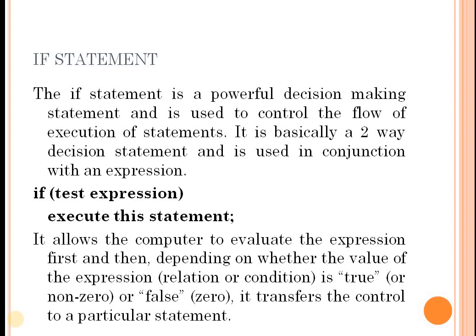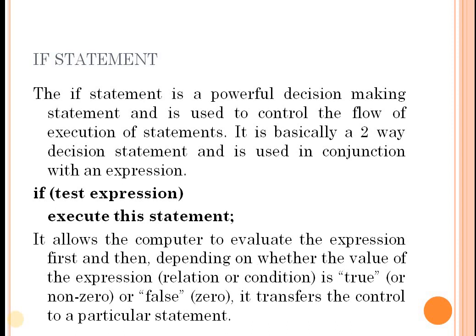It allows the computer to evaluate the expression first, and then depending on whether the value of the expression, that is the relation or condition which is expressed in the round brackets, is true. True means it will be a non-zero value, or false, it means it will be 0. It transfers the control to a particular statement.